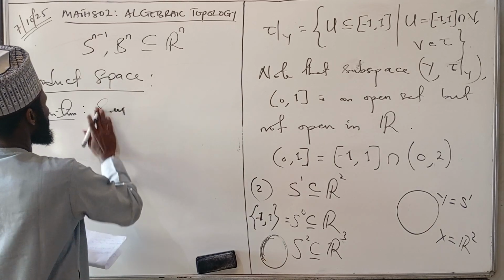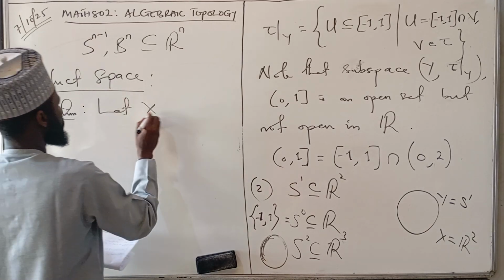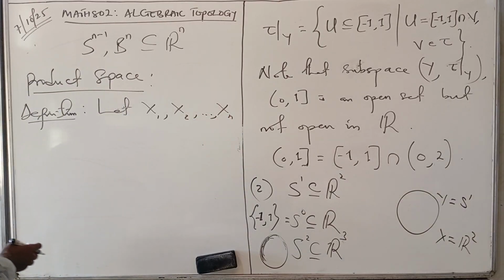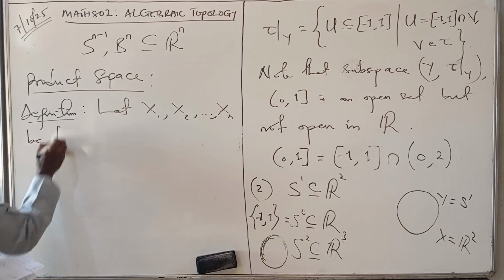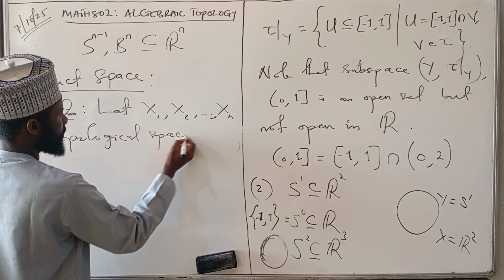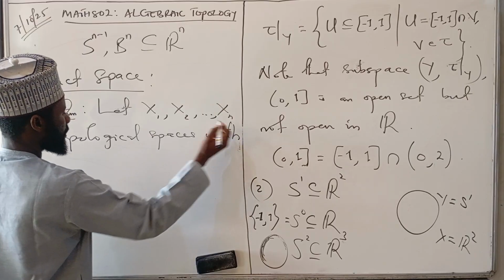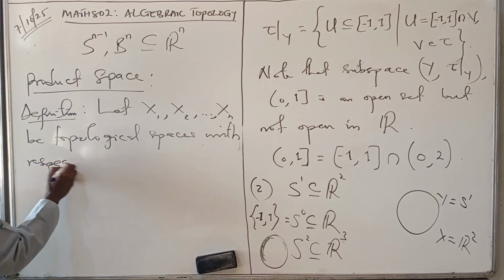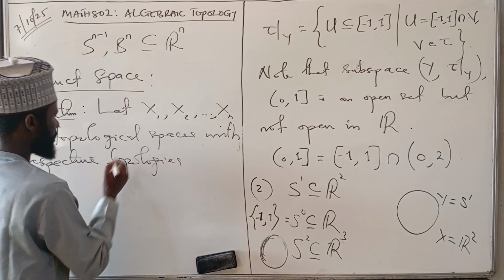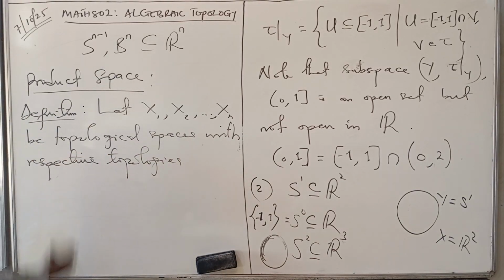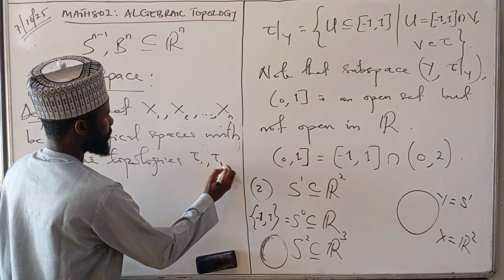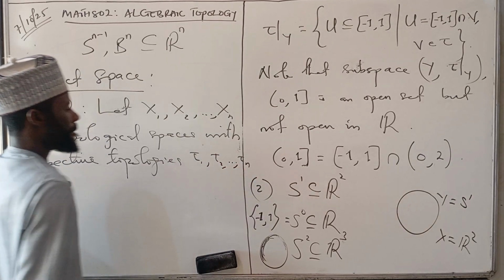So take spaces x1, x2, xn. So let these be topological spaces with respective topologies, tau 1, tau 2, up to tau n.